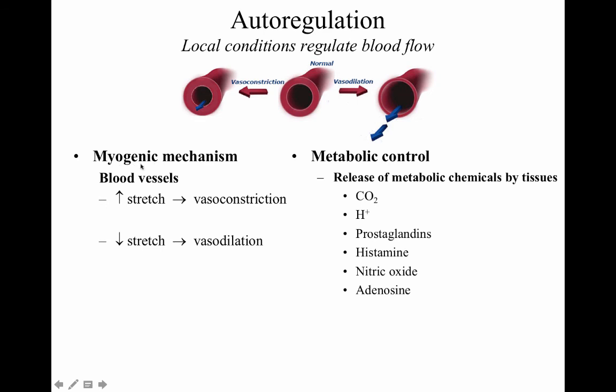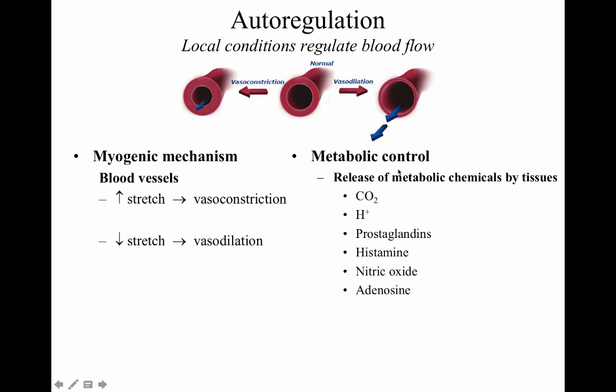So the way that these vessels vasoconstrict or dilate is based on the changes that happen in the smooth muscle within these arteries. If we see an increase in stretch in these arteries, then we see vasoconstriction. If we see a decrease in stretch, then we see vasodilation. So do these vessels tighten up and constrict, or do they relax and dilate?